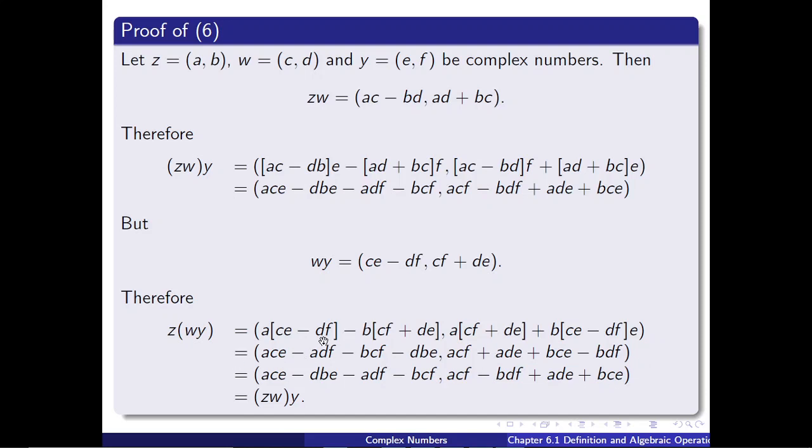And then if we expand, we get that, and we can then rearrange these elements, and we will be able to get to (zw)y. So once we get here, this is the same as what we have there, and so therefore we know this is equal to that. So that's how we get to that.